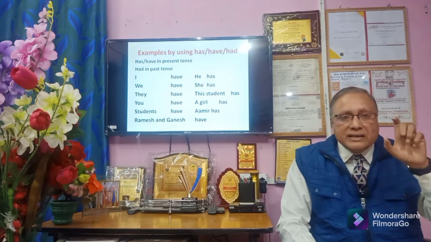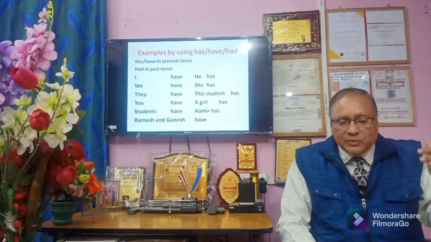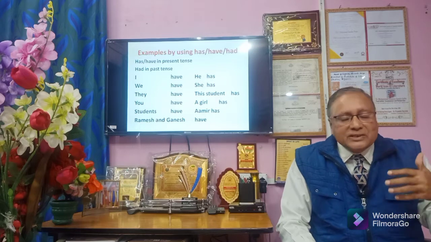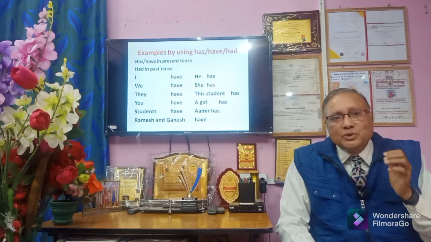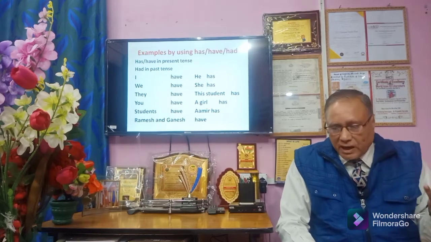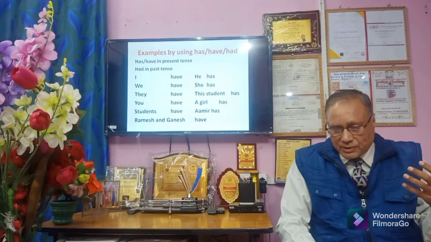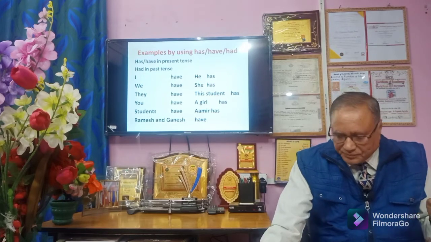Has is used with he, has comes with she. This student, singular noun, here has is used after this singular noun. A girl has, Amir has. I think it's clear.